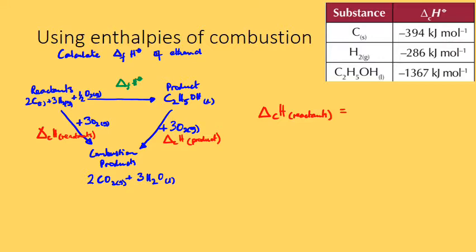Okay, so we are burning 2 moles of carbon to get 2 moles of carbon dioxide, so we're going to use this first line here. That tells us that when we burn 1 mole of carbon, it's exothermic to the tune of 394 kilojoules. But we're burning 2 moles of carbon, so we have to multiply that by 2.